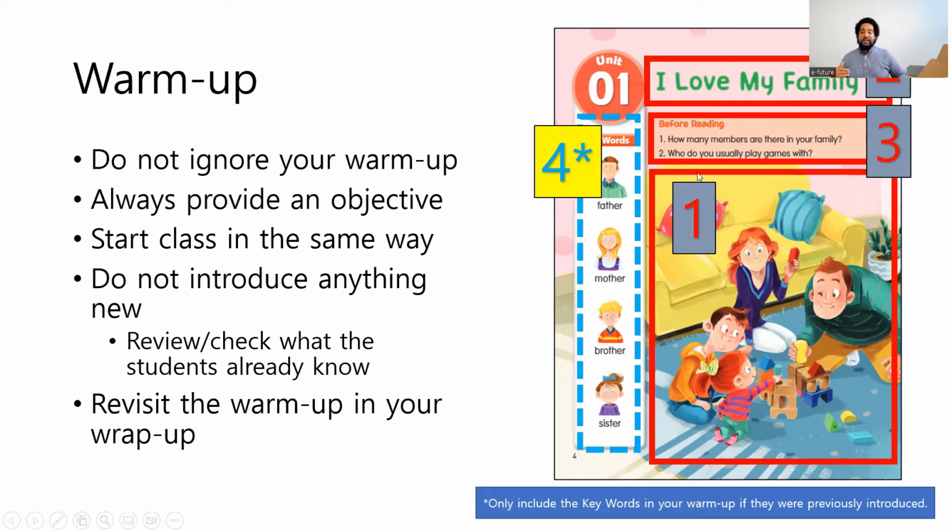So you would read the title together, but when you do that, connect the words in the title to the picture. So, I love my family. You can talk about now, well, we know that we have this word here, family. So who do you think is in the family? These 4 people. Ask those questions to get them to connect the title to the picture.